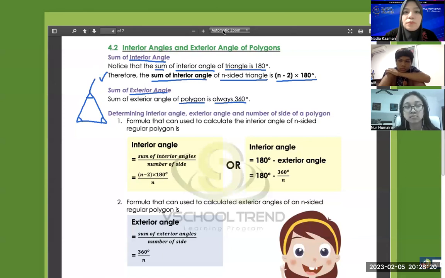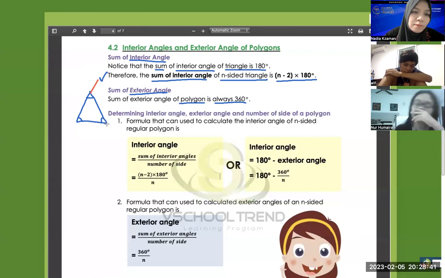So I have to extend my line. So let me use another color. So here. Okay, this is not the color.